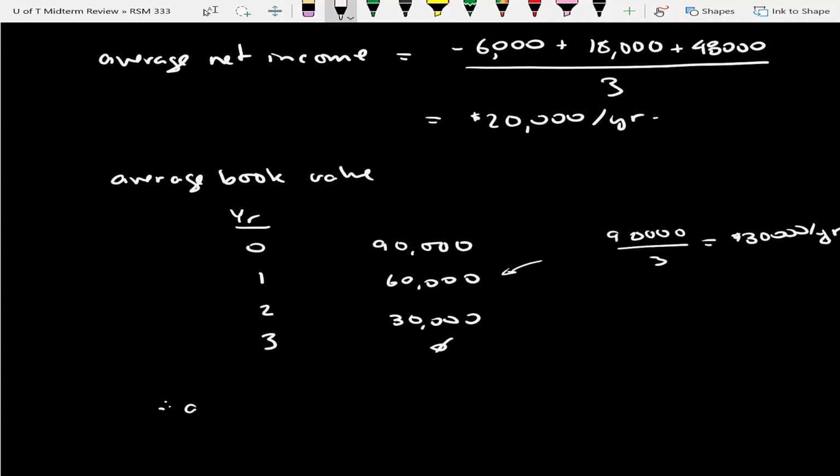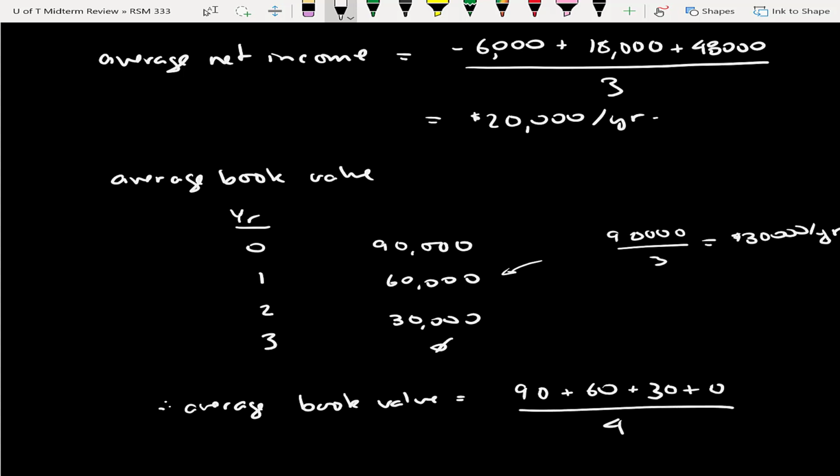So the average book value is equal to all 4 of those numbers, 60, 90, 30, and 0 at the very end, divided by 4. And that works out to an average of, let's see, what is that? 45,000.